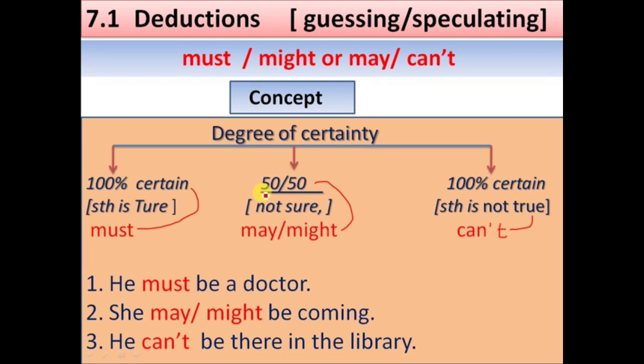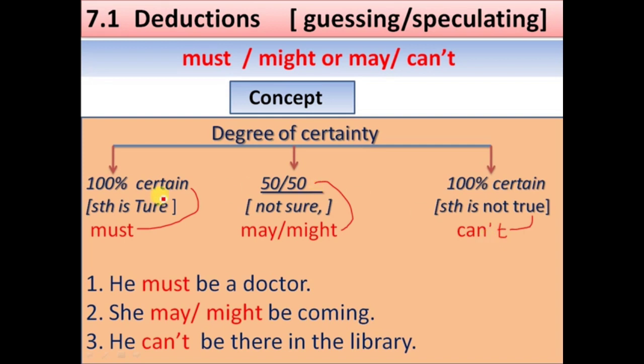If you are not 100% sure, it is only probability 50-50. To express such, you have to use may or might. Similarly, if you are 100% sure that something is not true, you have to use can't.